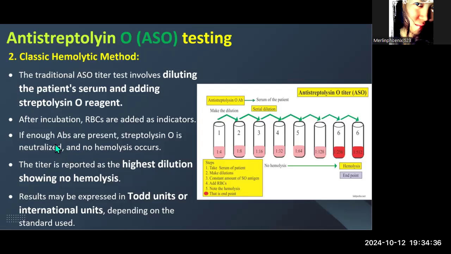If enough antibodies are present, streptolysin O is neutralized and no hemolysis happens. The titer is reported as the highest dilution showing no hemolysis, and the results may be expressed in Todd units or international units (IU), depending on the standard utilized.